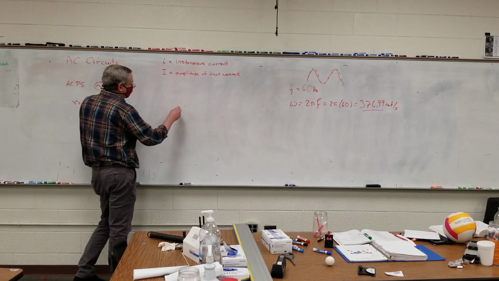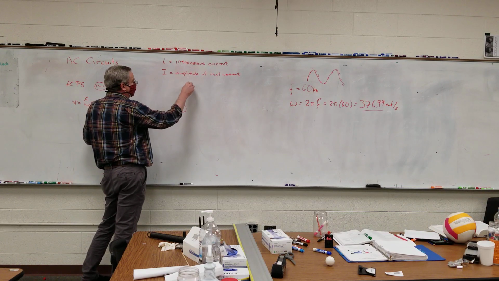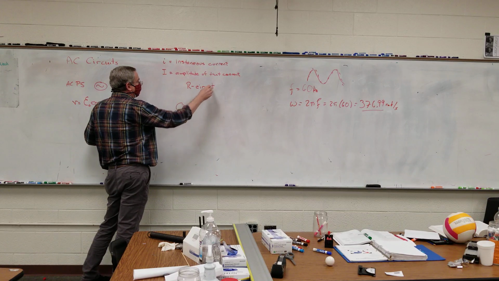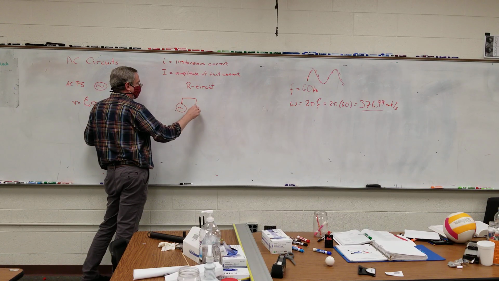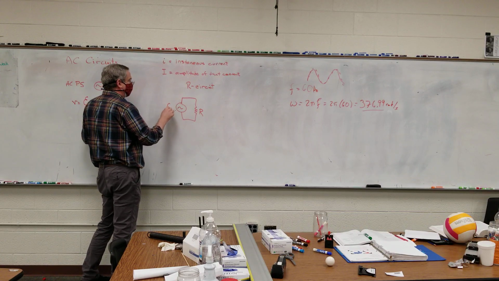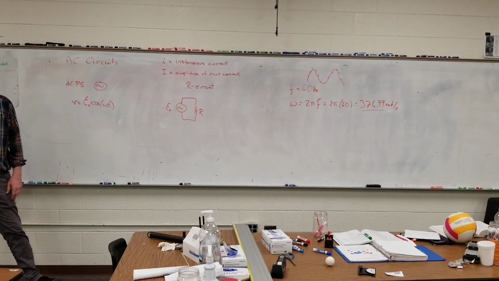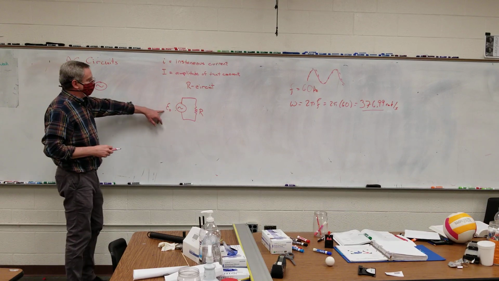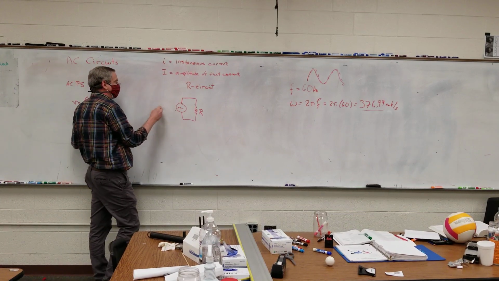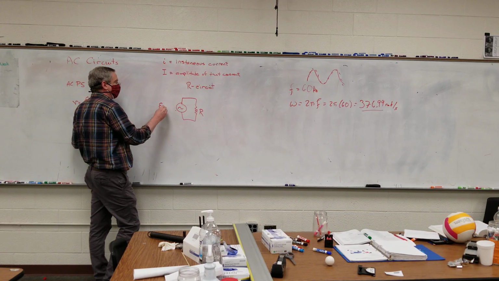All right, so if I have the simple R circuit, I've labeled this with the magnitude right here. I probably should be more specific, and this is epsilon naught cosine omega t.